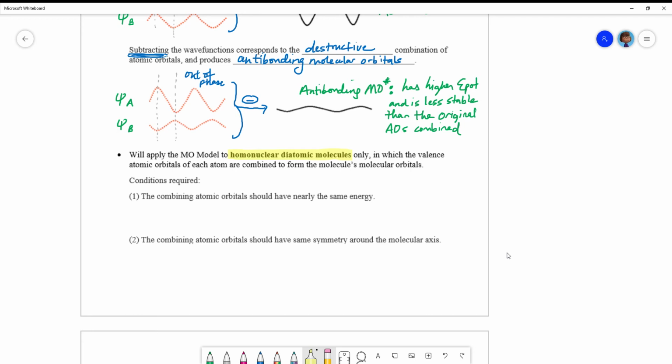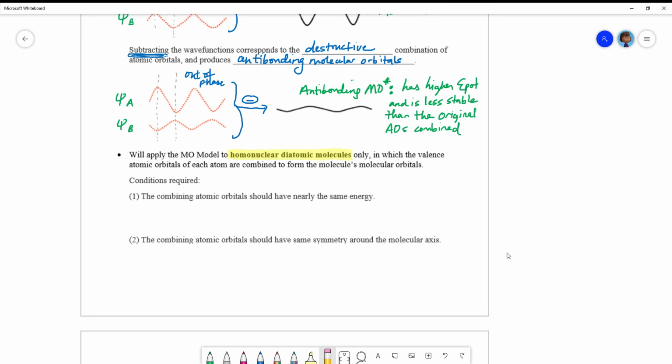For example, diatomic nitrogen, N2, or O2, or H2, or Cl2, etc. And we're going to be applying it such that the valence atomic orbitals of each atom, and there are only two atoms combining together, the valence orbitals combine to form the molecule's molecular orbitals.